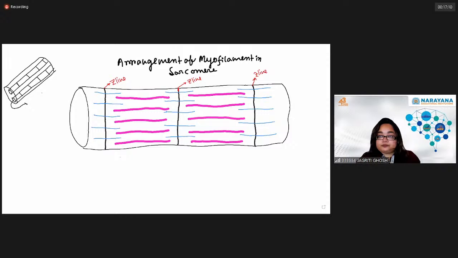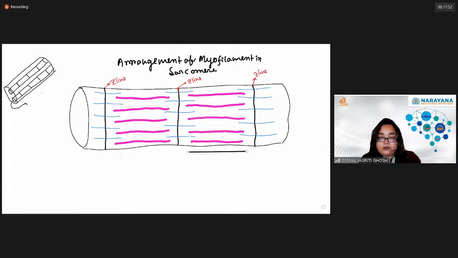Now, the portion which is occupied by the thick filament, which portion? Means from this portion. I am taking some other color. So the portion which is occupied by the thick filament, from here to here.